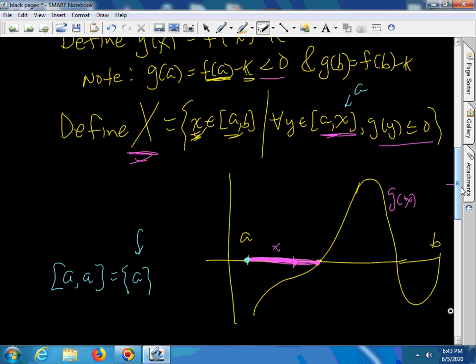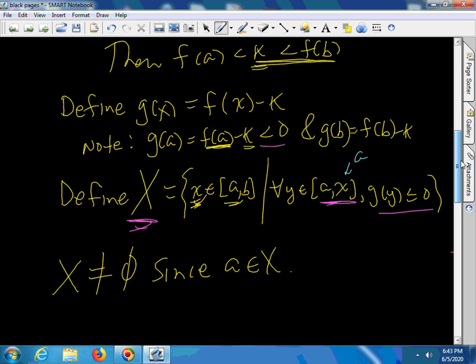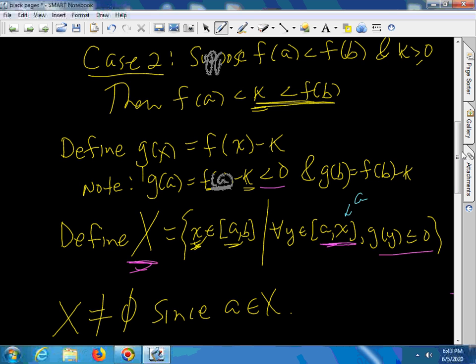So we talked about what this capital X represents. Now, X is not the empty set, since I know of at least one element in it, A. Because we know one thing for sure: g of A is less than 0.